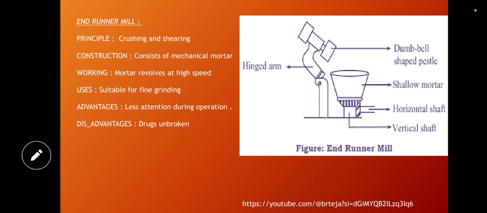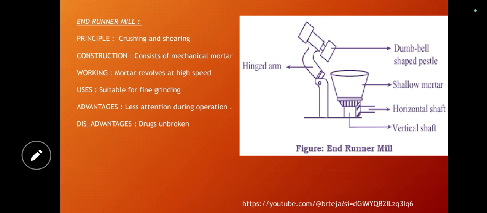These are the most commonly used mills for size reduction equipment. Some depend on the laws governing size reduction, for example Hicks law, Rittinger's law and Bond's law. What are the three laws?